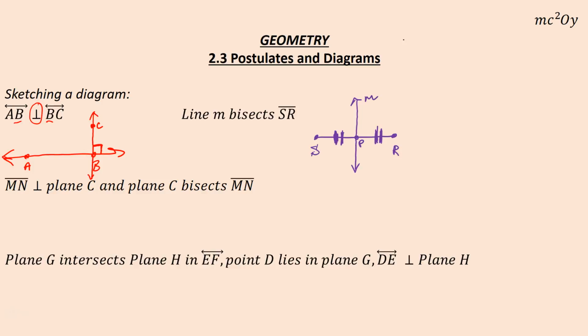All right, so first thing, go ahead and draw plane C. There's plane C. And MN is perpendicular to plane C. So that means I have a line that starts up here, hits plane C, and punches through, and then comes out the other side of plane C. Okay, this would be maybe M, that would be N.